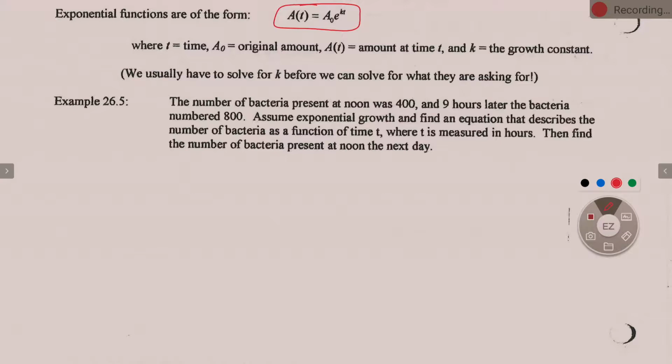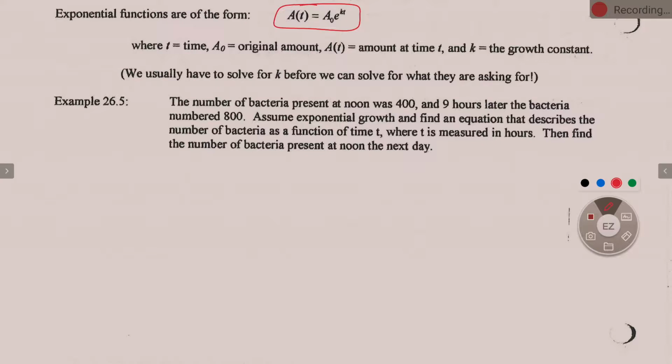So, a big part of these problems is we usually have to solve for k before we can solve for what they're asking for. So we're going to have to find, based on the given information, what is that constant k, before we can work the problem. So, okay, the number of bacteria present at noon was 400, and 9 hours later, that bacteria numbered 800.